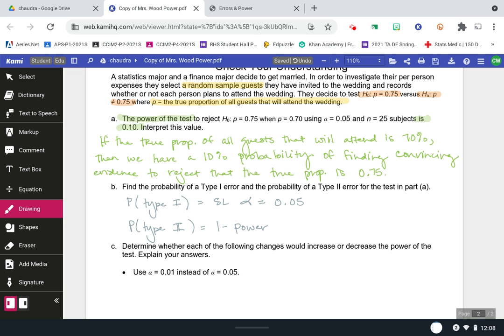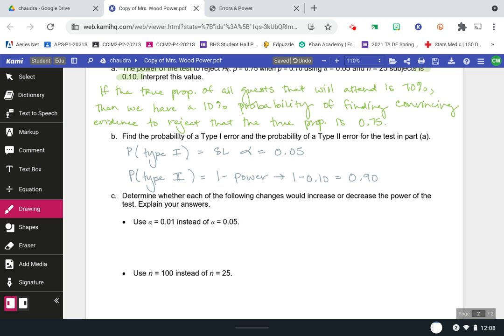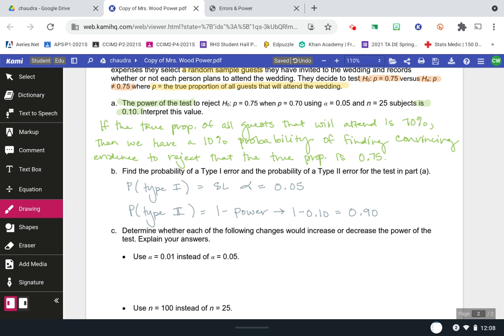So if we know that in this situation the power is 10%, then we know that the chance of a type 2 error is 90%. Okay? Again, just using the numbers up above. Here was our power, remember, up there in green. Here is our significance level. I circled them up there for you to help you find them.